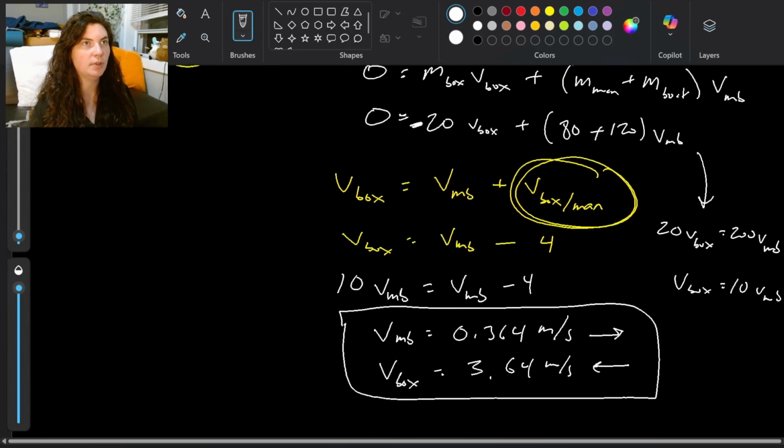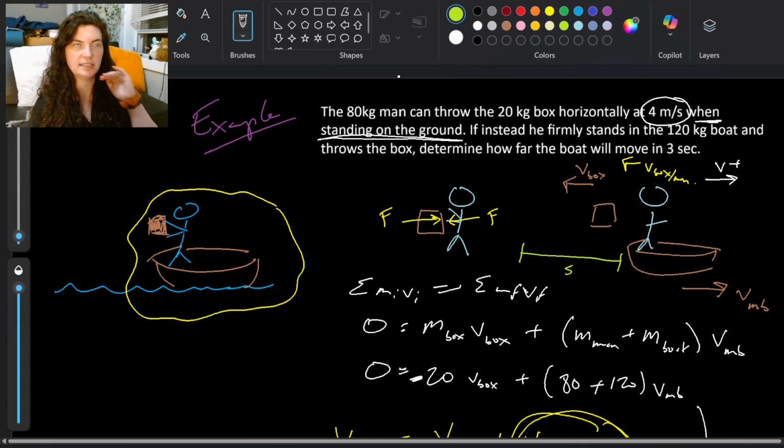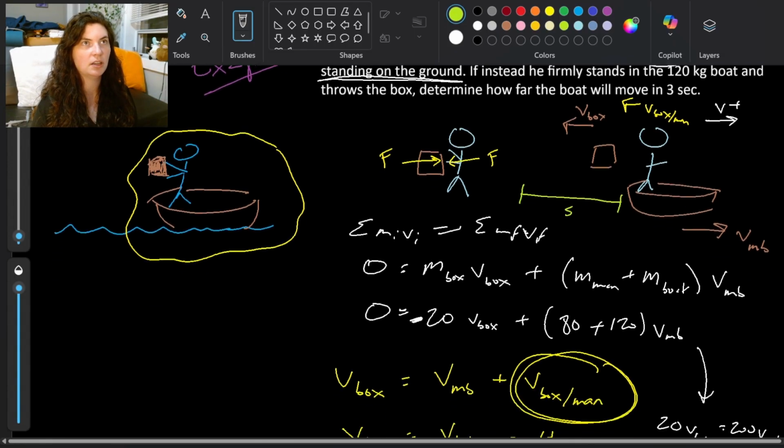So I'm going to assume that my velocity is constant in my x direction. Which makes sense, because after the box leaves his hands, it's really just a projectile motion problem. Your velocity is going to be the same in the x direction.